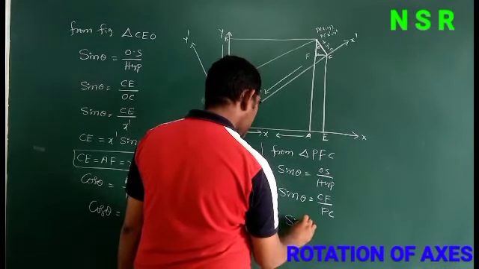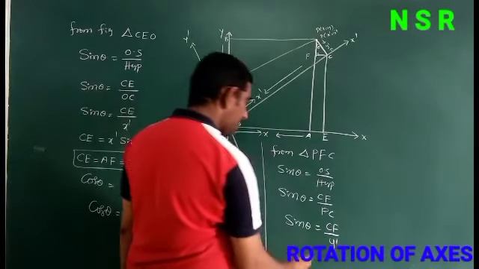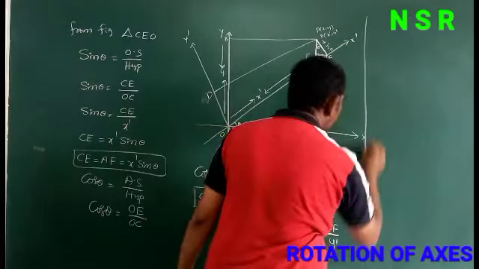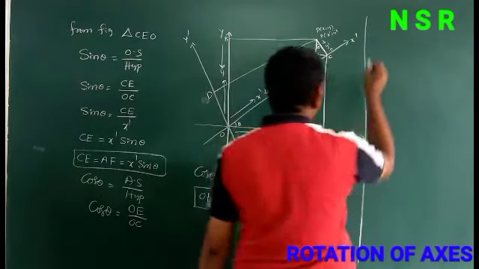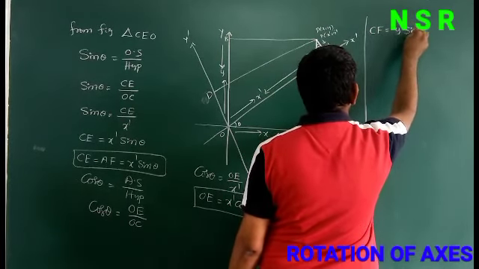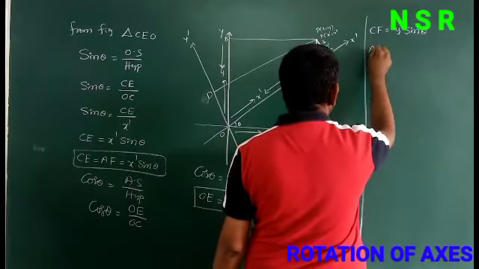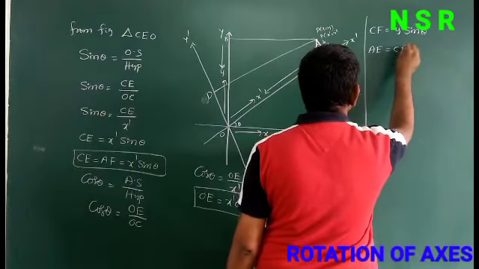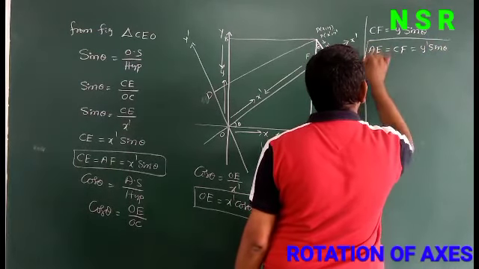So sin theta is equal to CF by PC, where PC is y dash. So CF is equal to y dash sin theta. This CF value is equal to AE, so AE equals CF equals y dash sin theta.